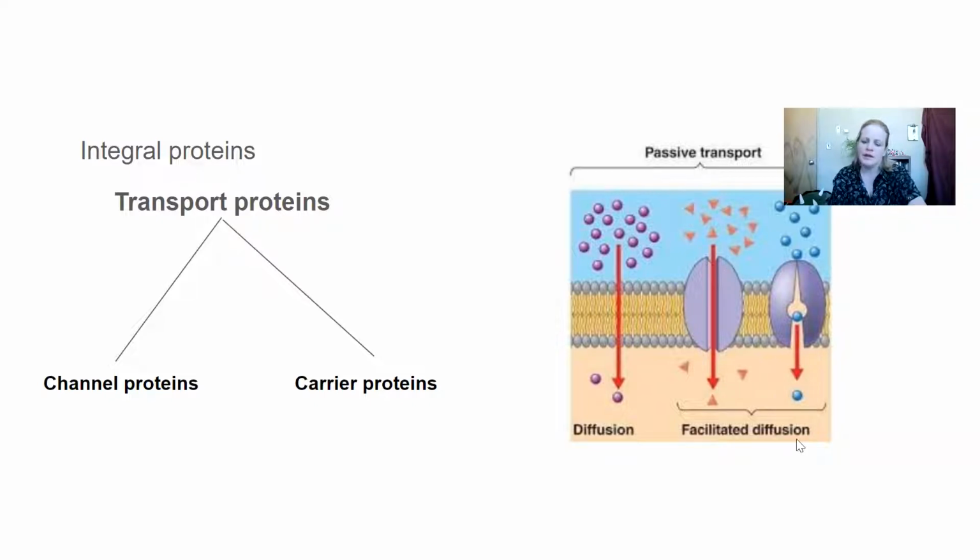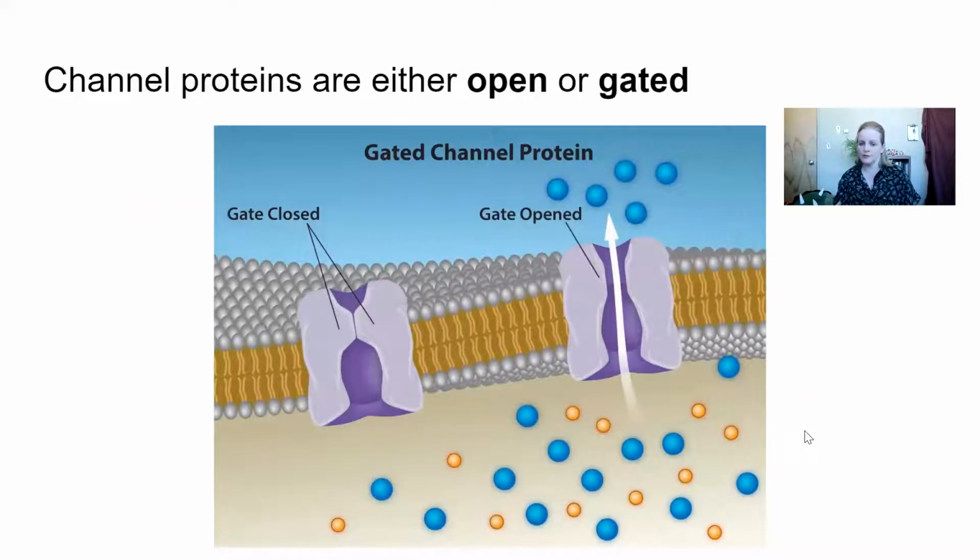Channel proteins come in kind of two flavors. They can be open, just like we saw in the last example. Here we have an open integral channel protein again, where these things are coming in and out of the cell kind of however they want.